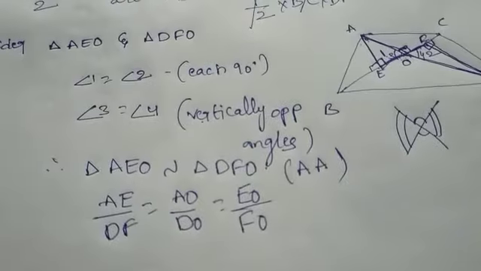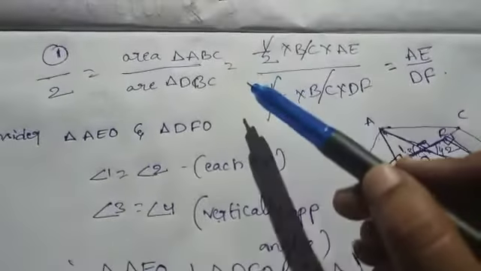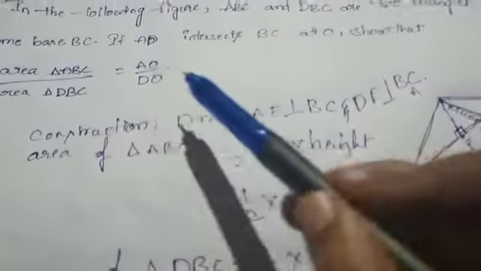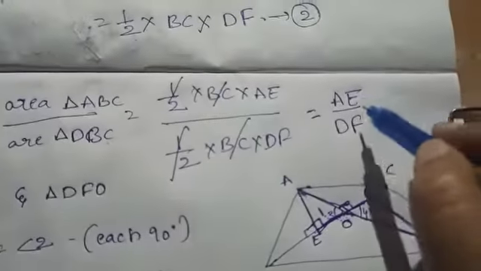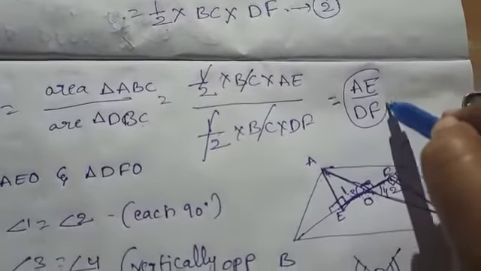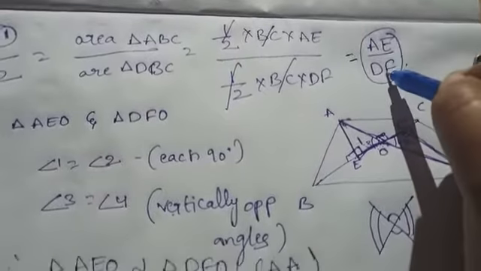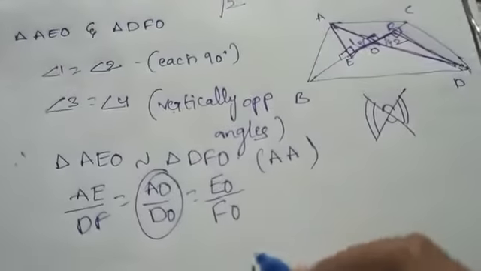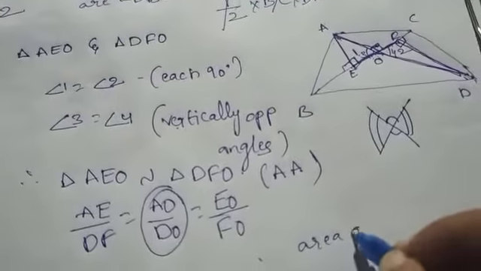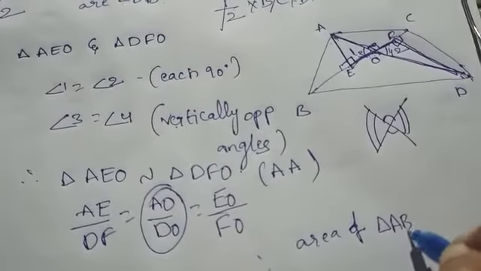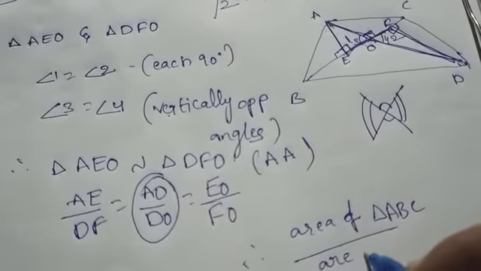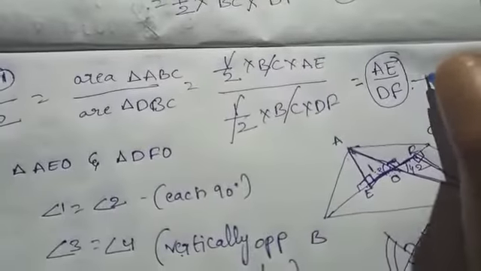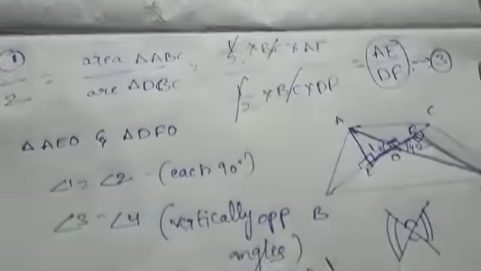Here we have to prove that area of triangle ABC by area of triangle DBC equal to AO by DO. Here we get AE by DF. Instead of AE by DF we write AO by DO. Therefore area of triangle ABC by area of triangle DBC, this is equation 3.